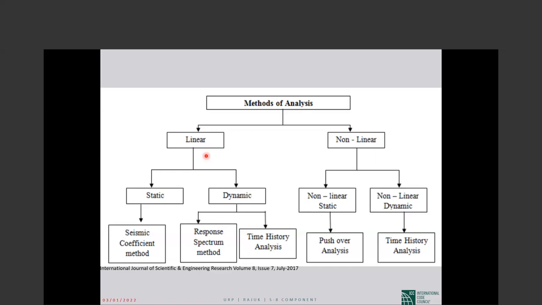Whatever formula in different codes, for example in ASCE, is offered to calculate the shear capacity of the beam section, we use that. But the only point is that when we put the material characteristics in that formula, we will use lower bound material.